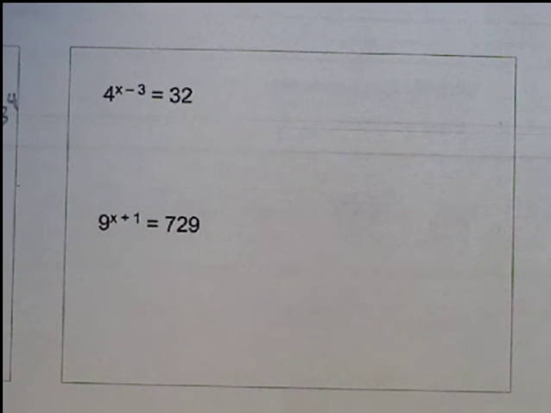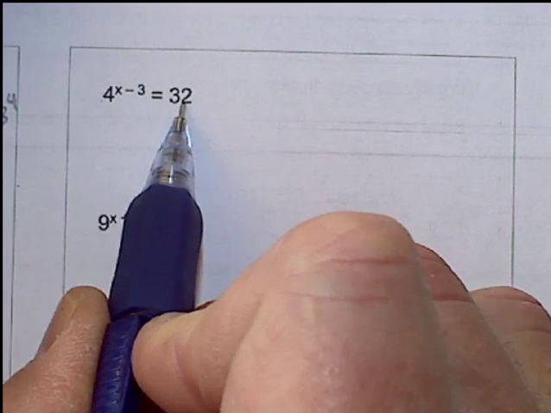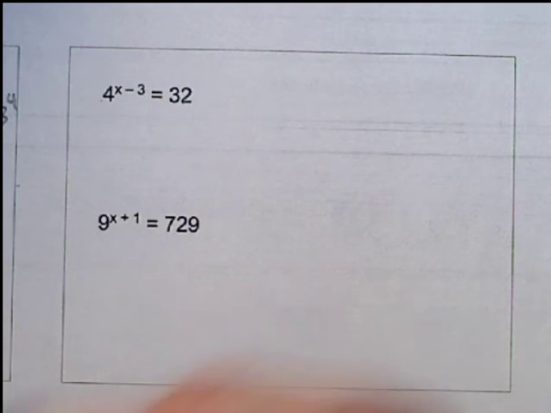Okay, sometimes you're going to have to change both numbers so that you get the base that you want, because what I know about 4 and 32, you don't have a power of 4 that equals 32. 4 squared is 16, but 4 to the 3rd is 64, so it skips 32. That means I've got to find a common base for the two numbers.